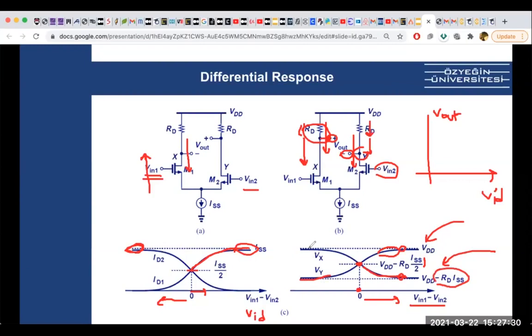At this point, Vx minus Vy will be RD ISS. So at this part and at this part, we have the voltage settled at RD ISS. At VID 0, output is 0. When VID goes plus, your output goes negative. When VID goes minus, output goes positive.